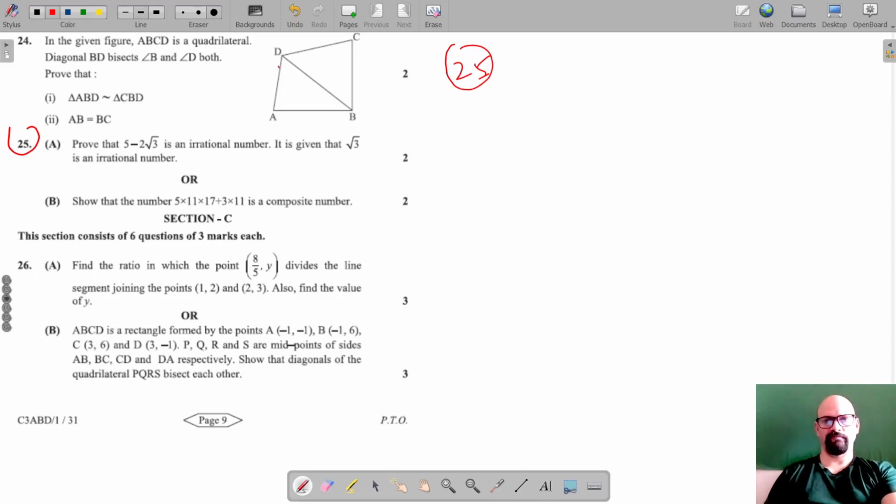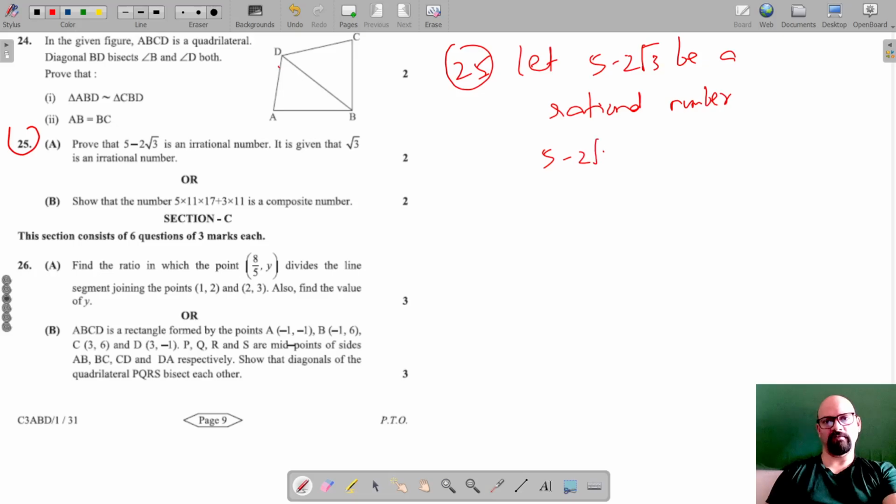Let's assume that 5 minus 2 root 3 is a rational number. If 5 minus 2 root 3 is a rational number, that means I can write it in the form 5 minus 2 root 3 is equal to A upon B, where A and B are co-primes.